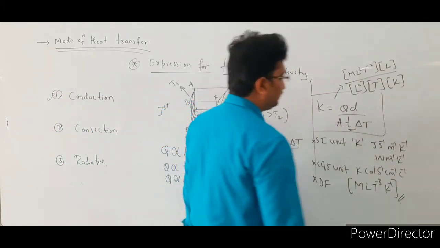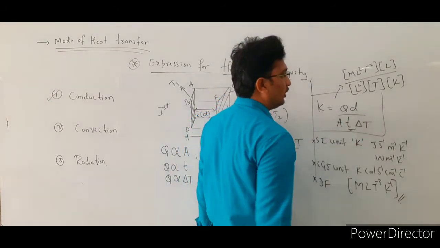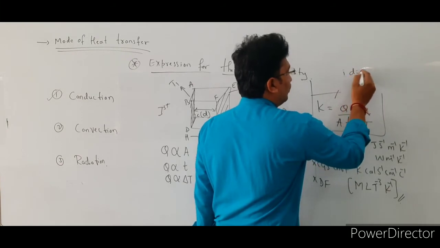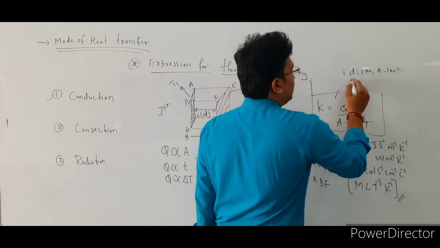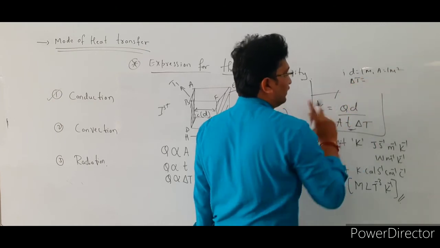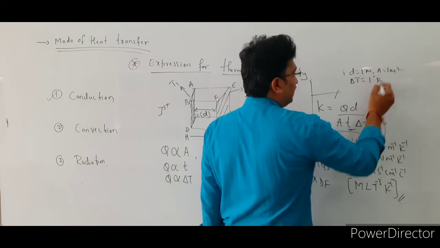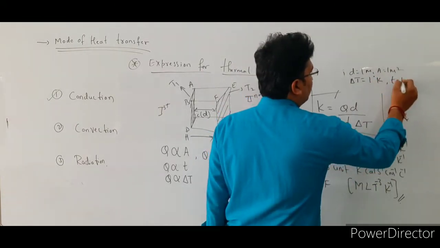Okay, so let us assume that the distance d is equal to 1 meter, area is 1 meter square, the temperature difference between these two faces is 1 Kelvin or 1 degree Celsius, and the time t is equal to 1 second.